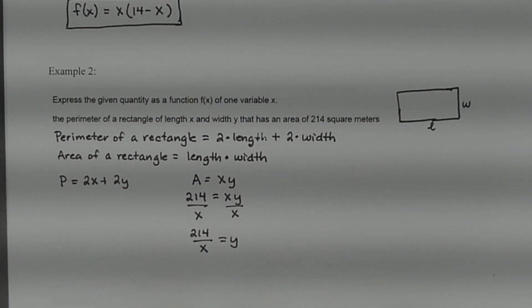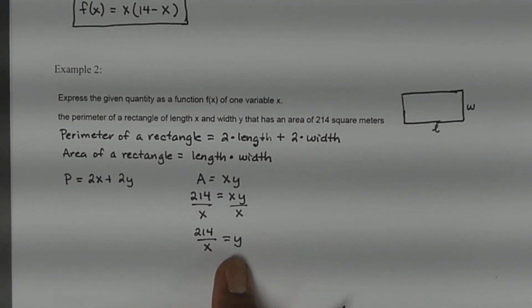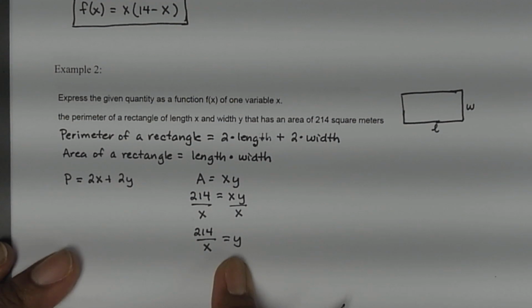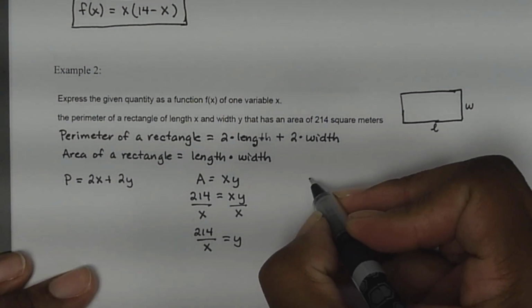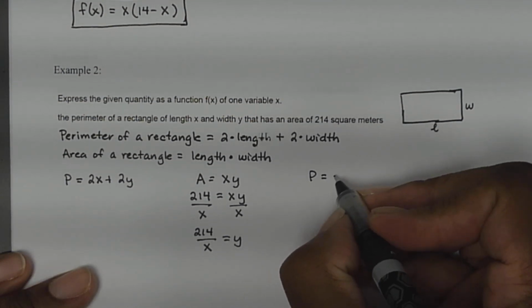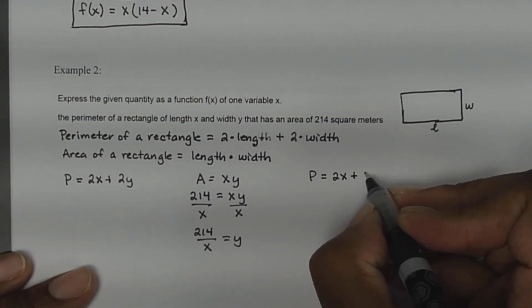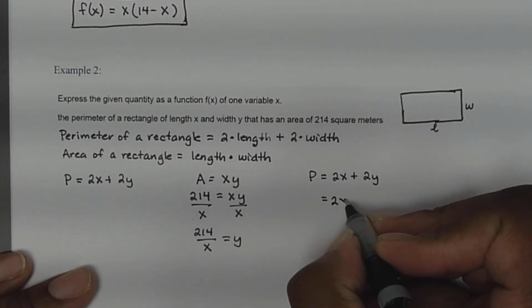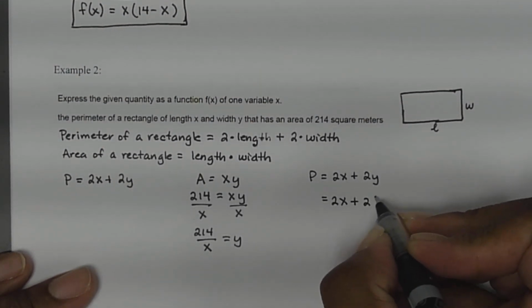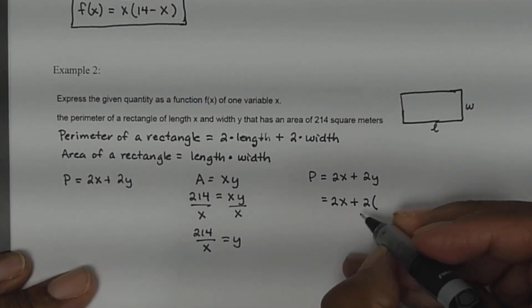And then I'm going to take that 214 over x, which is what y is, and substitute it for the y in the perimeter equation. So if my perimeter, I'll rewrite it here, is equal to 2x plus 2y, then that means 2x, bring that down, plus 2 times the y, which is going to be 214 over x.